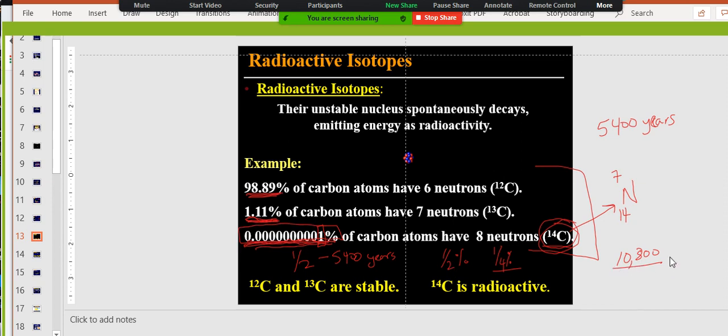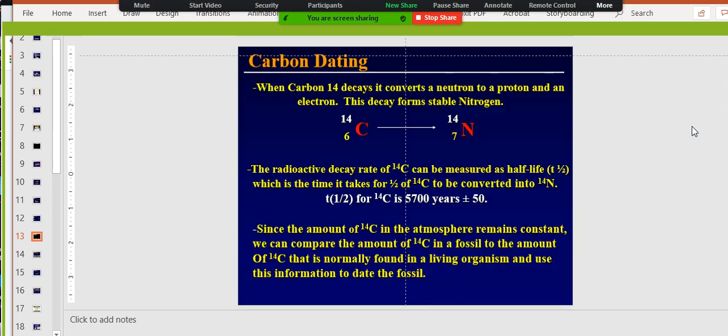And that's how we can date these fossils, by measuring the amount of carbon-14 that's left. Because the other half has become nitrogen, which is a gas and floats away. Does that make sense?